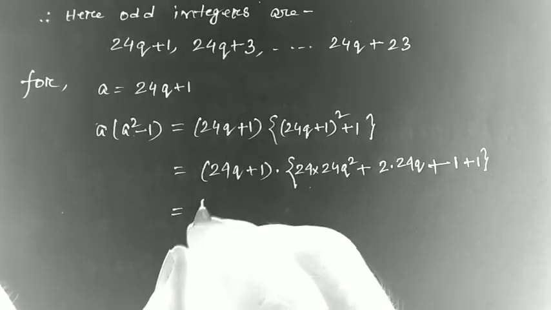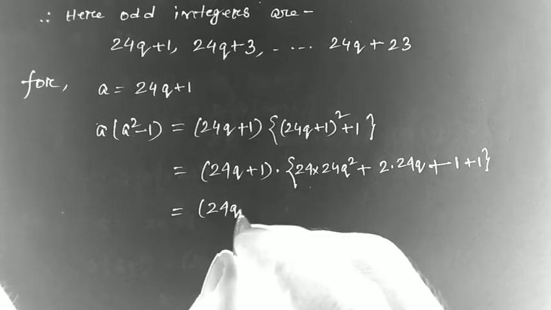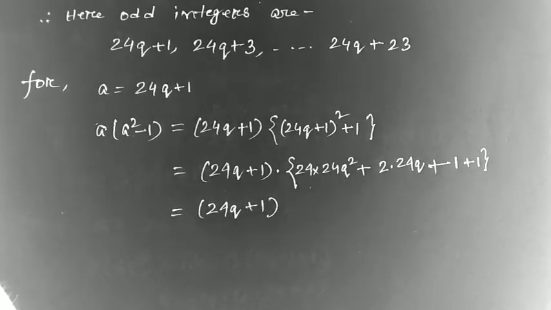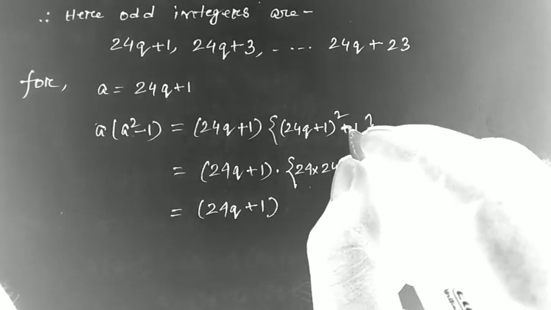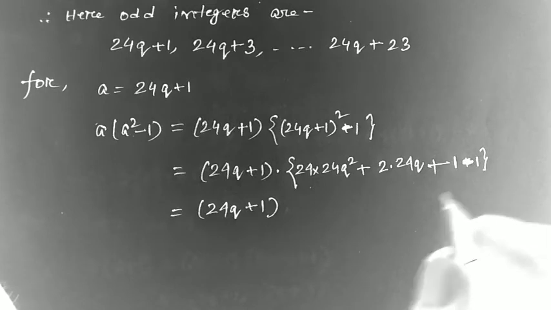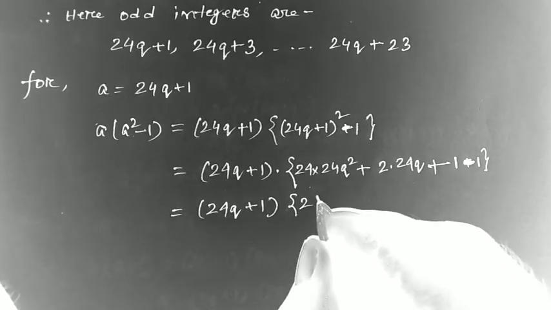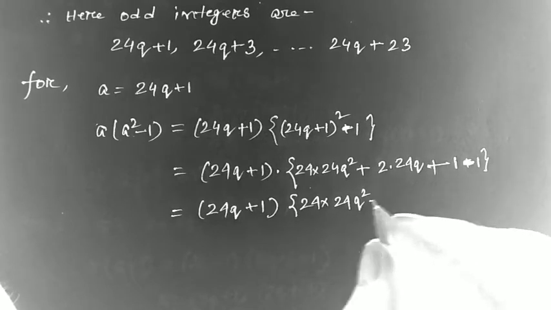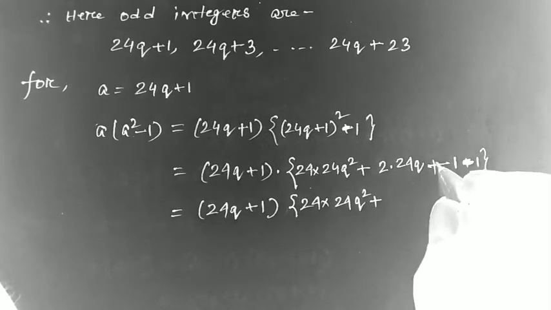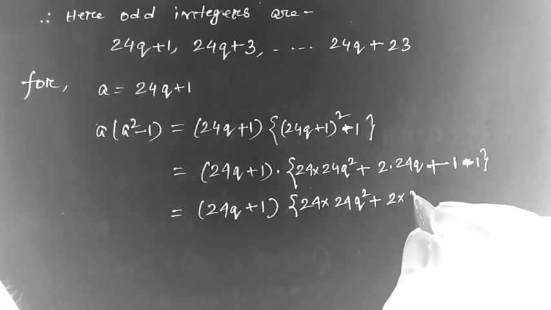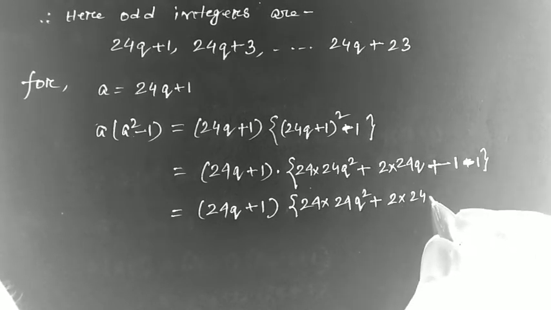Now see, minus 1 is there, so this is minus 1. From this value, plus 1 and minus 1 will get cancelled, so here it will remain 2 into 24 into q.